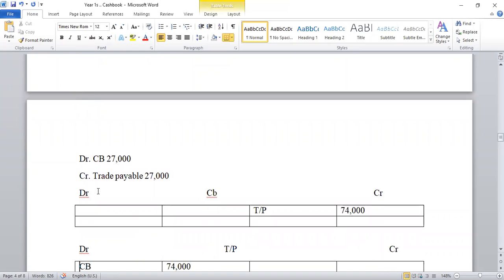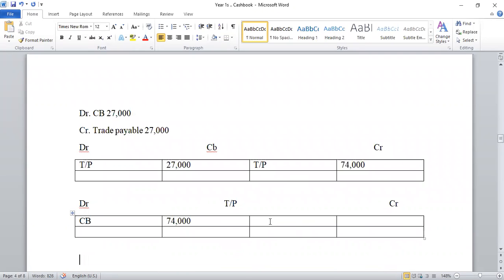So when I come here, I'll say trade payables 27,000, and then here cash book 27,000. By doing this, when somebody balances off, you'll find that in effect you have a credit of 47,000 instead of 74,000. That's how we correct an error of overcast. You correct the overcast like this.